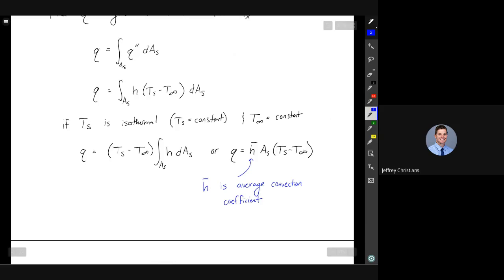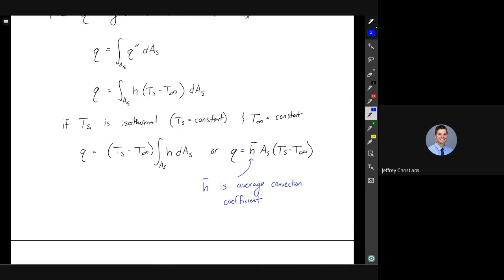So H bar is going to be the average convection coefficient. And we have to deal in averages because we have this dynamic stuff happening at the surface where it is changing along the surface as boundary layers change. And this effectively is a way to make our lives as easy as it once was.